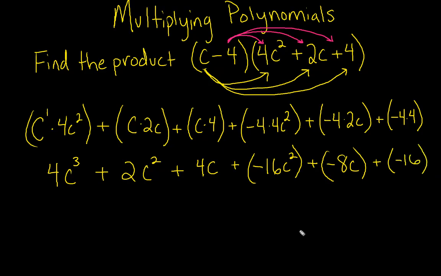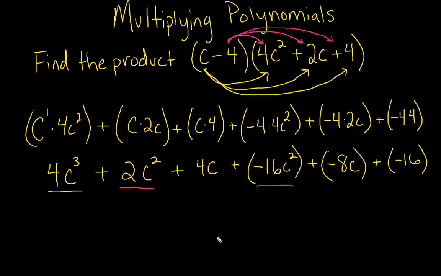So once we are to this point, we have to look and see what like terms that we have. So our first term here is a 4c cubed, and I don't see any other c cubed terms, so that is its own term on itself. Moving on to the next term, I see we have a 2c squared, and we also have another negative 16c squared.